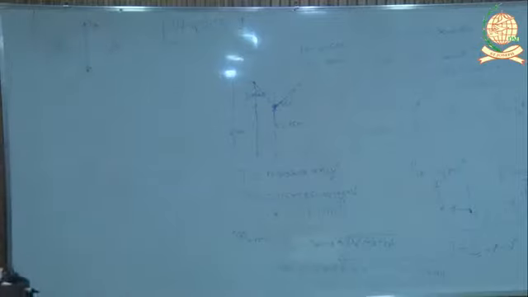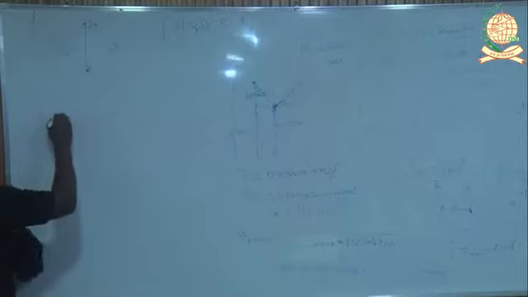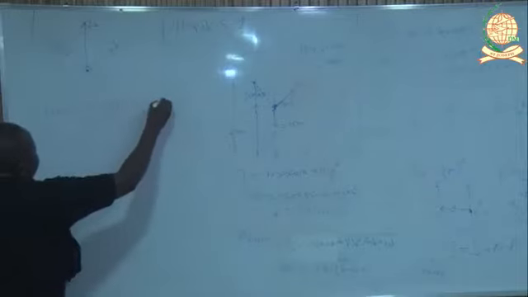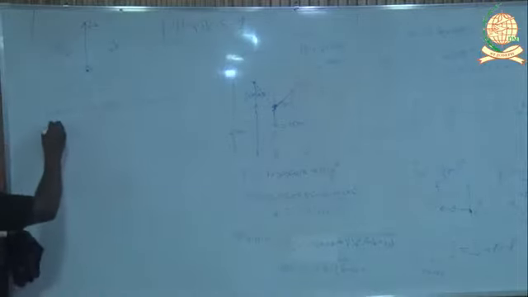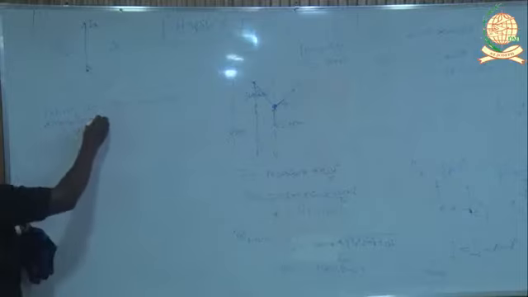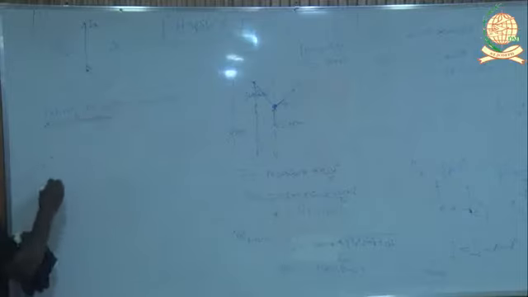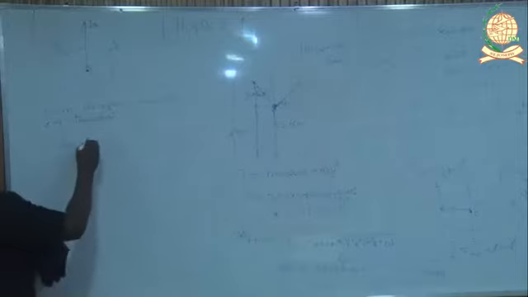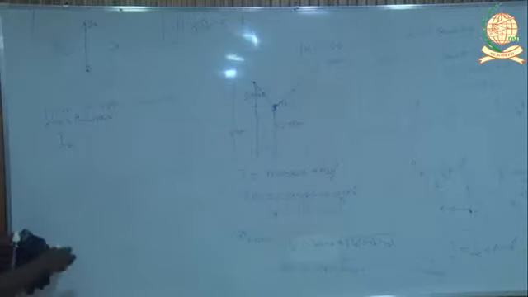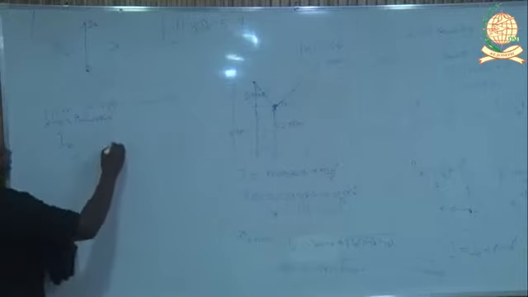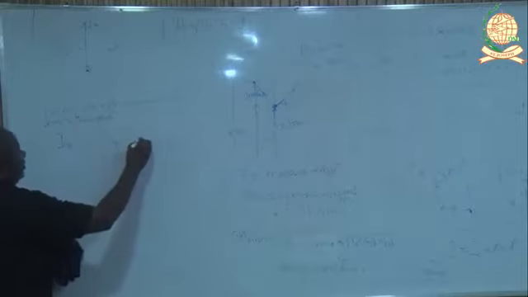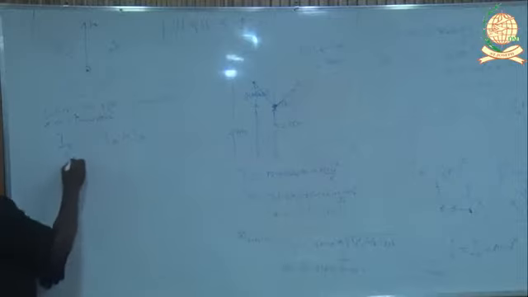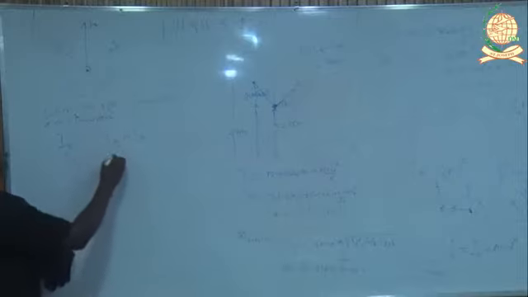So from the perpendicular axis theorem, the moment of inertia about the axis which is perpendicular and intersecting the other two mutually perpendicular axes on the plane, Iz, equals Ix plus Iy. But Ix and Iy are the same, so Iz will be equal to twice Id.